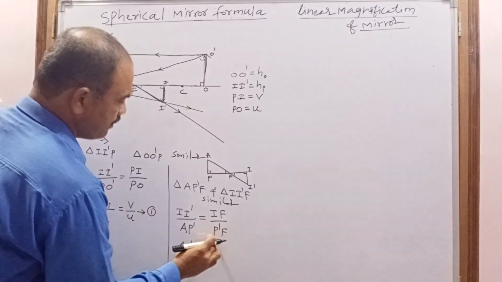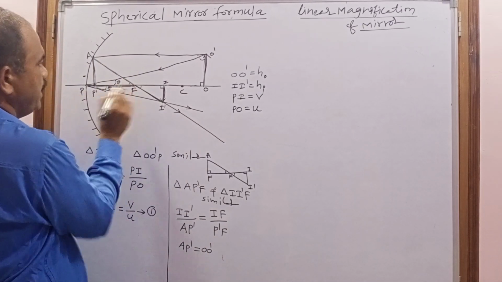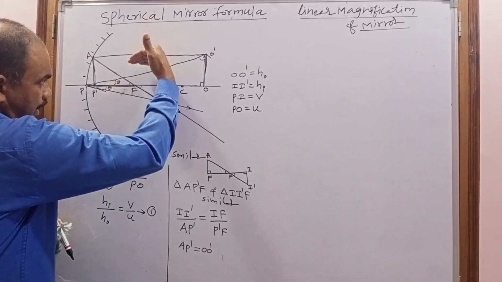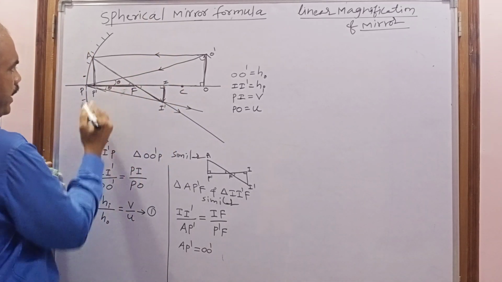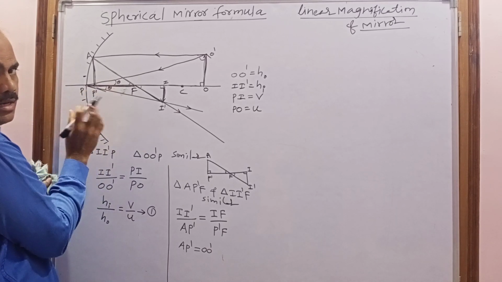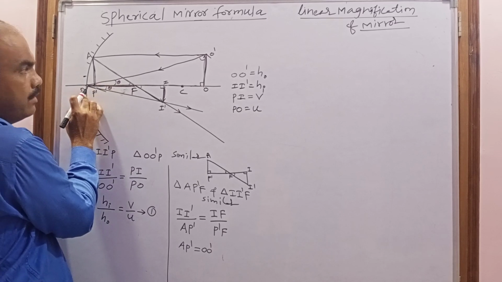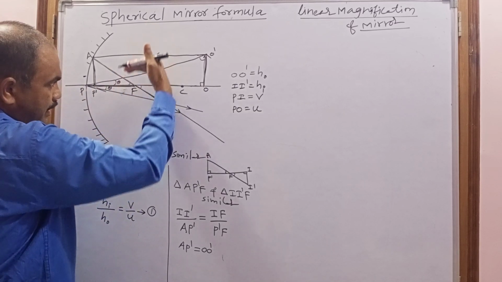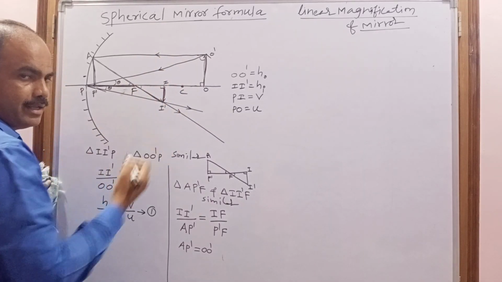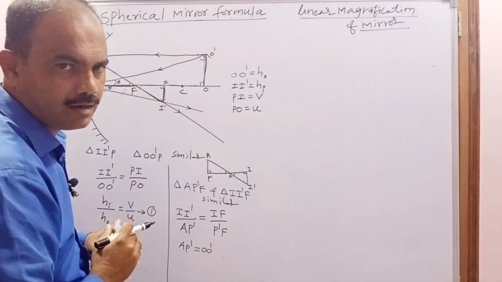And next, P dash F. This P dash F is similar to PF, because when the incident ray height decreases, this P dash approaches P. So the P dash and P positions are taken as the same. When the height is very small from the principal axis, and the incident rays are very near to the principal axis, those rays are called paraxial rays.